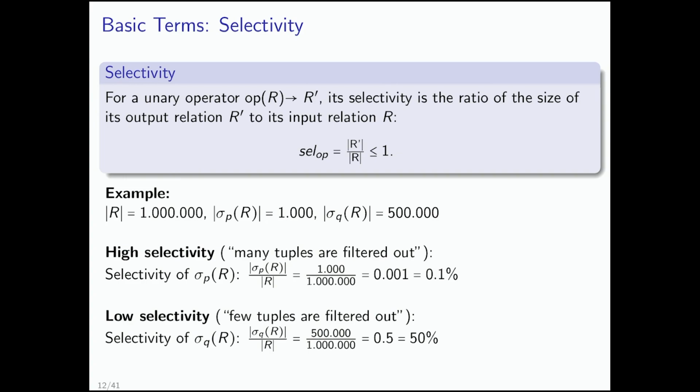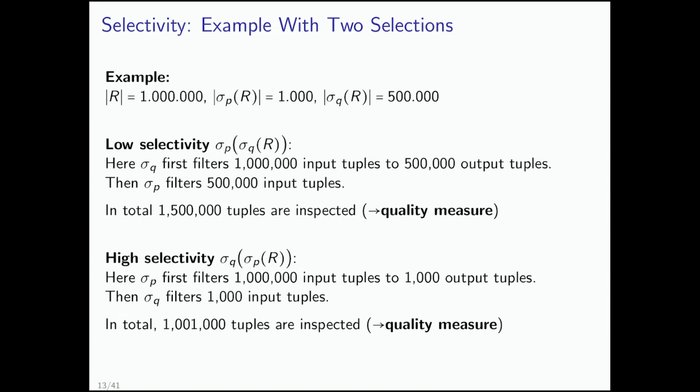Typically high selectivity is something like at least 1%, or even more selective, like this one, where 1 out of 1,000 tuples is selected. That's a very important term. Even this is the easiest thing you can think about in query optimization.